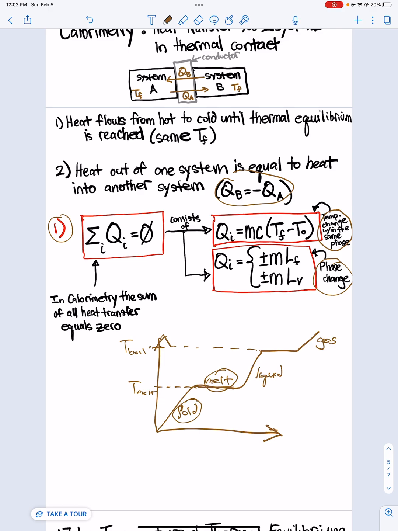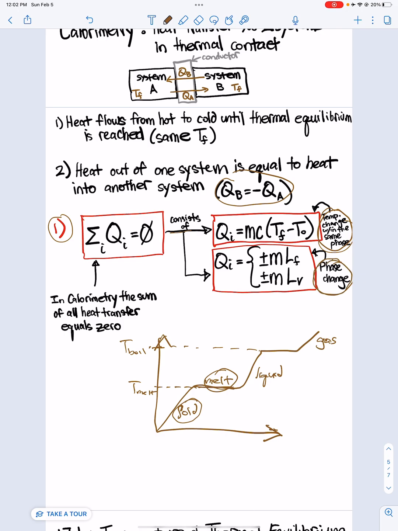That is very important, and you'll figure that out as we answer the homeworks. For now, just know that in calorimetry, the sum of all heat transfer is 0, and this consists of two things. First, temperature change within the same phase, which is equal to mass times specific heat times change in temperature.